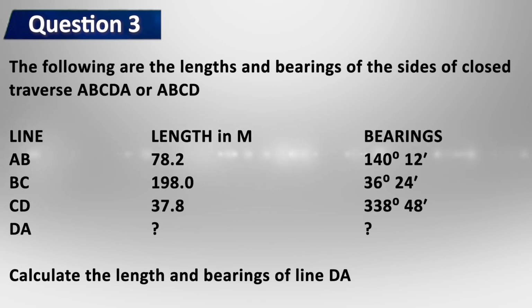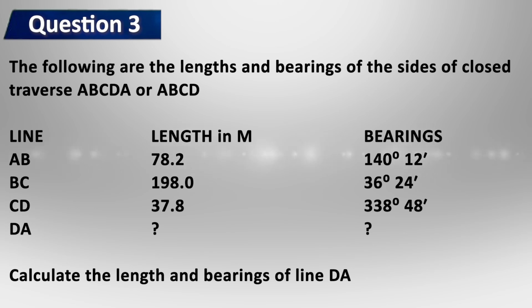Coming to the question, the following are the lengths and bearings of the sides of a closed traverse A, B, C, D. The lengths and bearings of the lines are given as: line AB length is 78.2 meters, line BC length is 198 meters and bearing is 36 degrees 24 minutes.